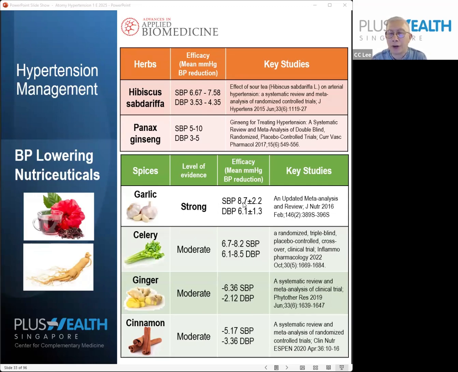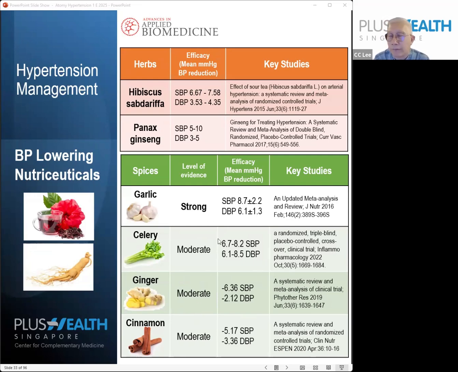The SBP reduction is about 8 points, DBP about 6 points. Next is celery, followed by ginger, and followed by cinnamon. So it's beneficial for people who are suffering from hypertension to take garlic, celery, ginger, and cinnamon.